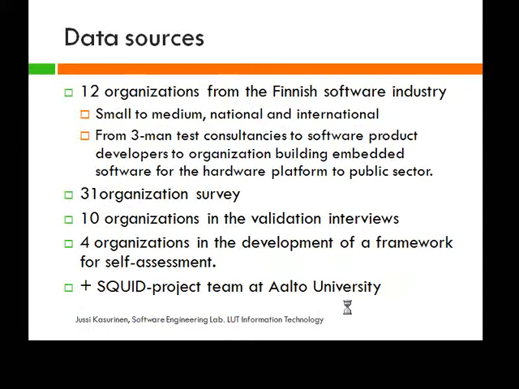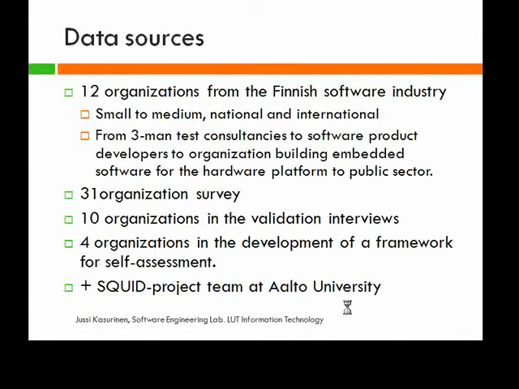Small to medium, national and international, actually also large size organizations, and they varied from 3-man test consultancies to software product developers to organizations building embedded software for the hardware platform and to public sector.